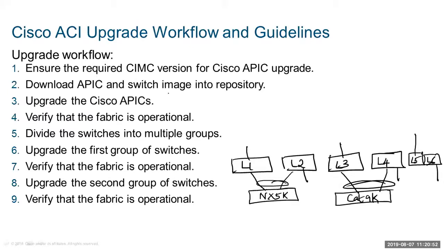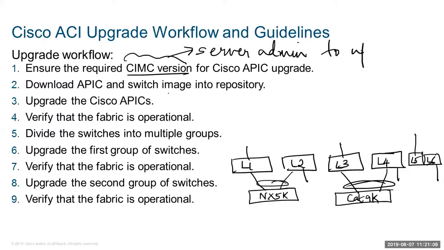Cisco does publish for each APIC upgrade the required CIMC version. Not familiar with it? Ask your server admin to upgrade the CIMC. This CIMC is an out-of-band management chipset inside all UCS servers.